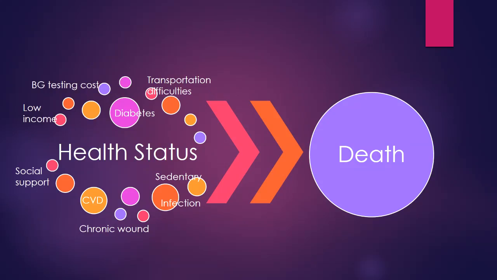But this patient might also have cardiovascular disease and have a pretty sedentary lifestyle and have low income and other challenges around social support and getting to and from work and healthcare visits. And so all of those other factors also relate to their risk of mortality. So you are probably not going to be able to address all of them within a healthcare system. And so you may want to measure what you can control, but also measure these terminal outcomes and evaluate whether or not you're having an impact on those.